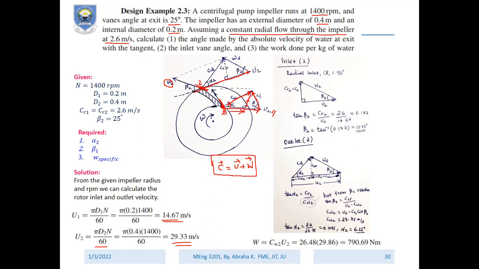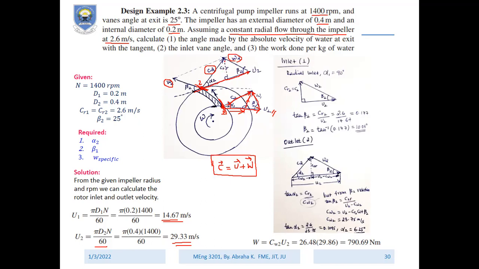C1 has 2 components. Also at the outlet, we can see we have this U2, and we brought W2 from this tangential to the plate. And then we connected the points by C2. So the angle between U and C2 is alpha 2, and the angle between U2 and W2 is beta 2.